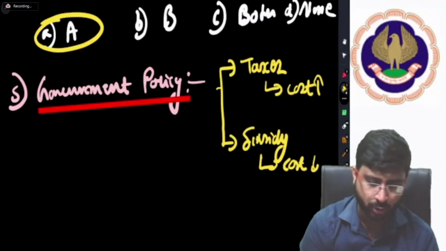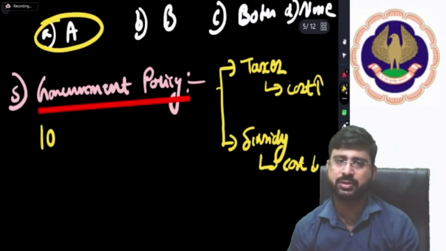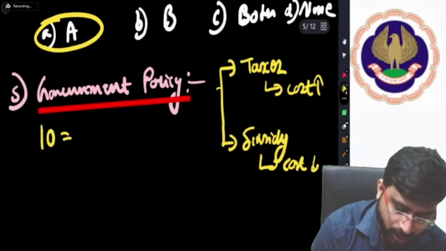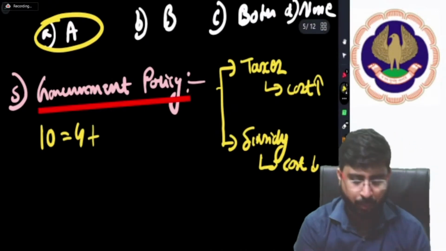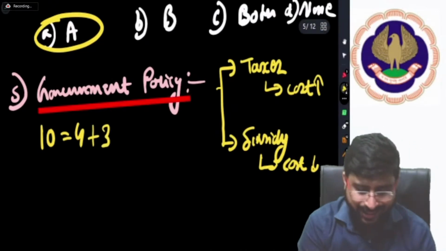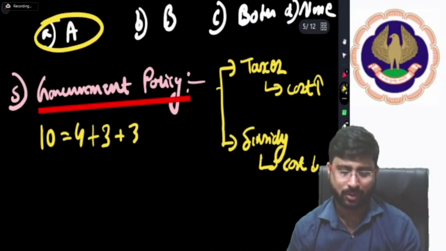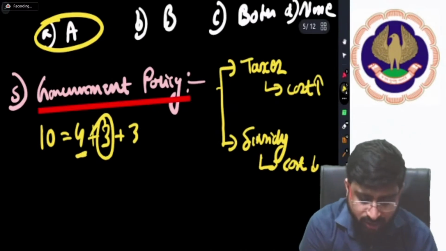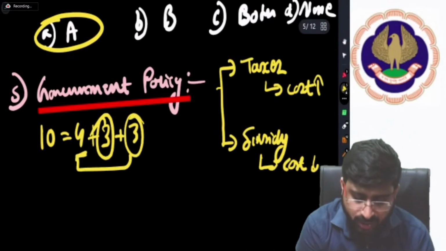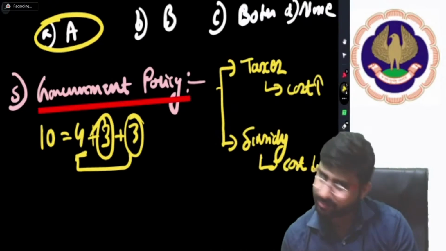Because suppose now, you think now, suppose price is 10 rupees. So if cost is 4 rupees, profit margin is 3 rupees and tax is 3 rupees. So see, profit margin is only 3 rupees here. Cost is 4 and tax is 3. So tax is nothing but a cost, right?